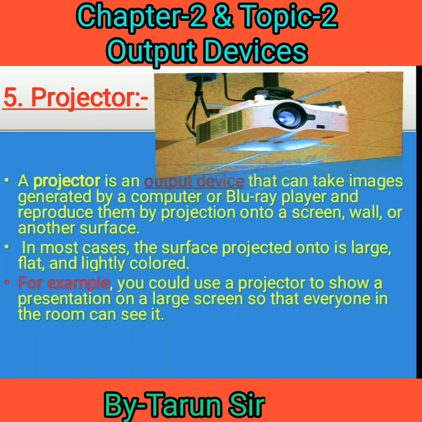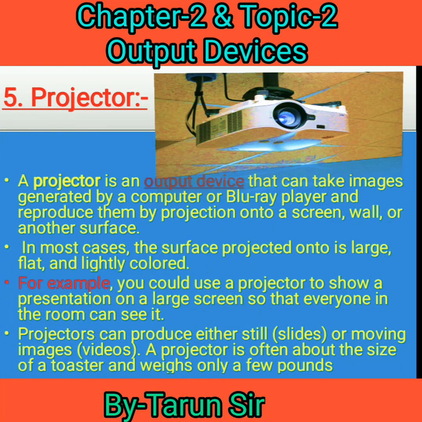For example, you could use a projector to show a presentation on a large screen so that everyone in the room can see it. Projectors can produce either still images, slides, or moving images, videos. A projector is often about the size of a toaster and weighs only a few pounds.